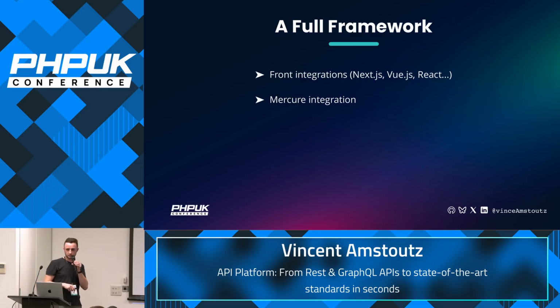Mercure integration allows us to push real-time updates to several types of clients, JavaScript or native clients, using the HTTP protocol and server-sent events. So it's an alternative to WebSockets, made also by Kevin Dunglas, and it's integrated with front-end PHP by default and in the API Platform distribution.